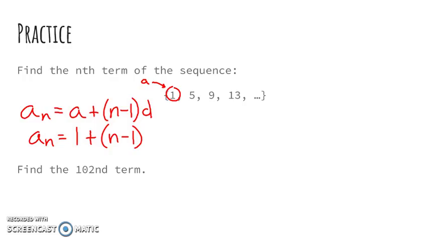The second thing that I need to find is d. What's the difference from 1 to 5 there? Well, I added 4. Going from 5 to 9, I have to add 4. Going from 9 to 13, I have to add 4. So my common difference for this is going to be 4. Okay, now, as far as finishing this off, I need to try and get all common terms together.